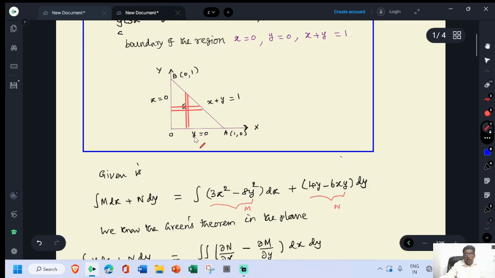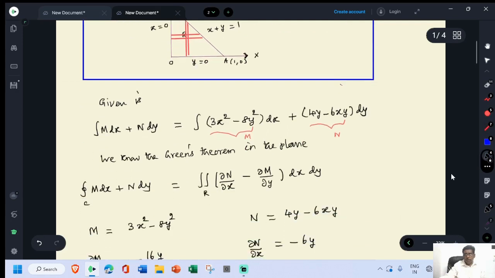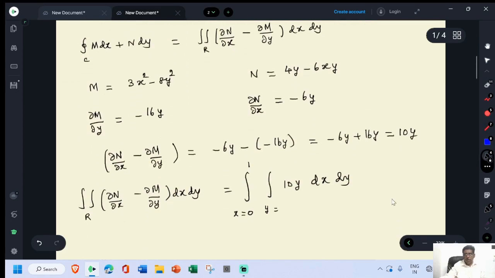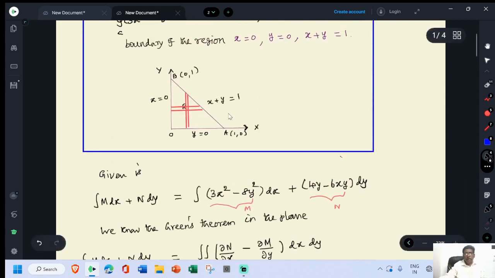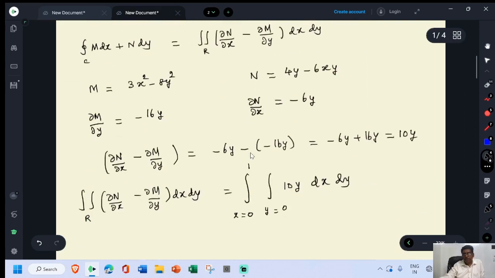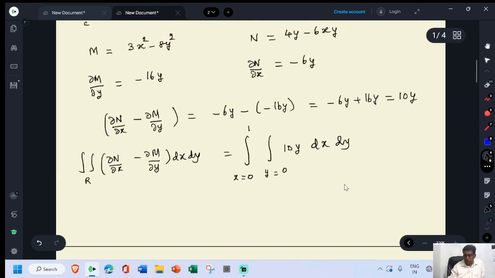Therefore, the lower limit of y is 0. Then the strip ends at the x + y = 1 line. Therefore, the upper limit of y is y = 1 − x.